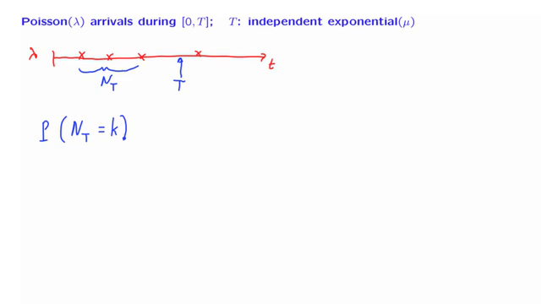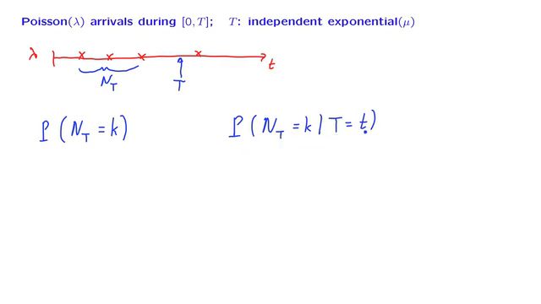Now, we do not know very much about this random variable, but we do know the probability of the random variable N_T if we have a deterministic time. So perhaps we can condition by fixing the value of the random variable capital T, that is, to condition on that random variable taking on a specific value. What happens in this case?